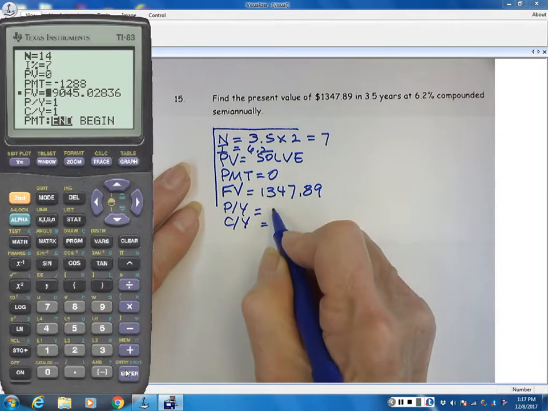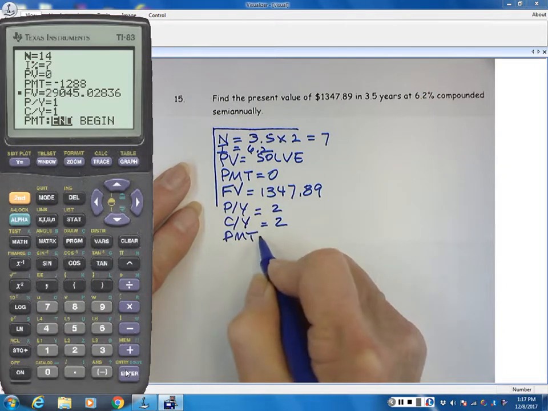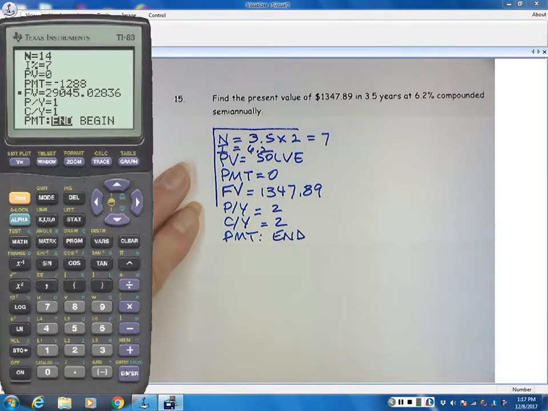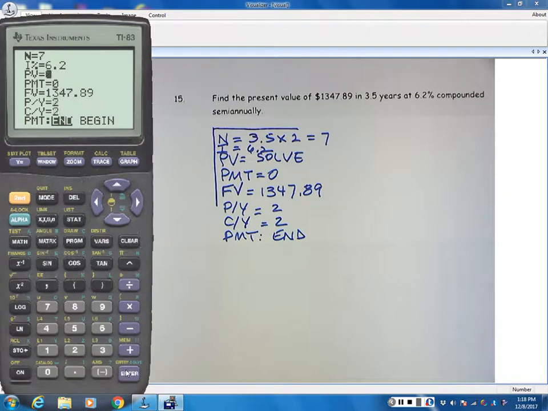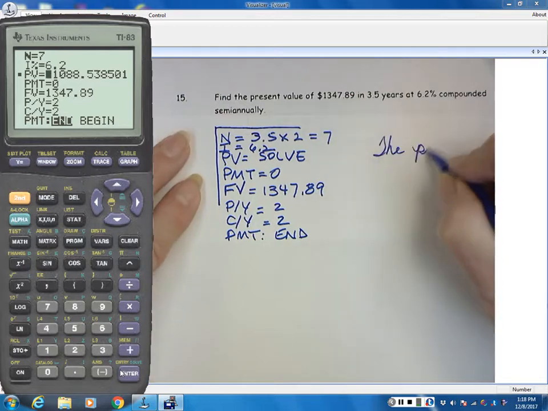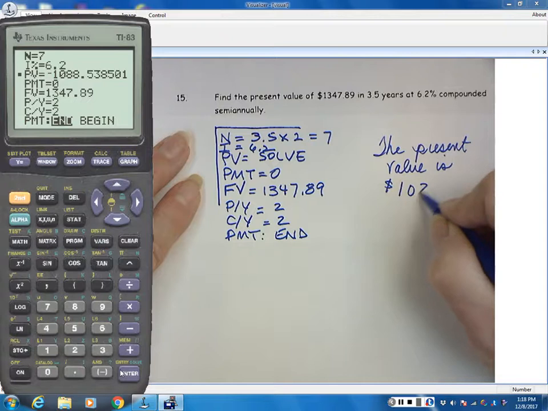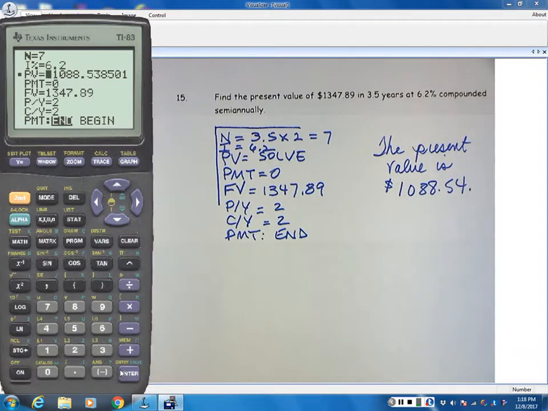And since it's semi-annual, that's twice a year. So the present value is $1,088.54. Okay?